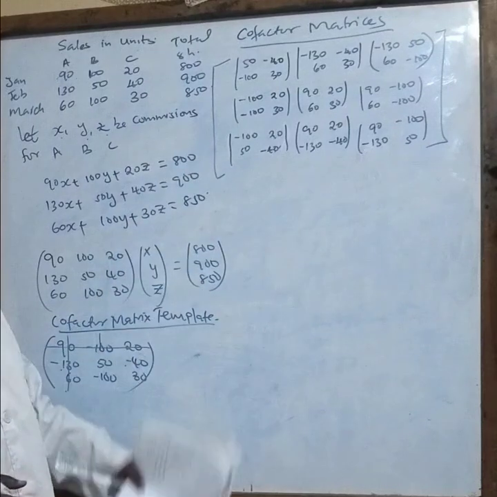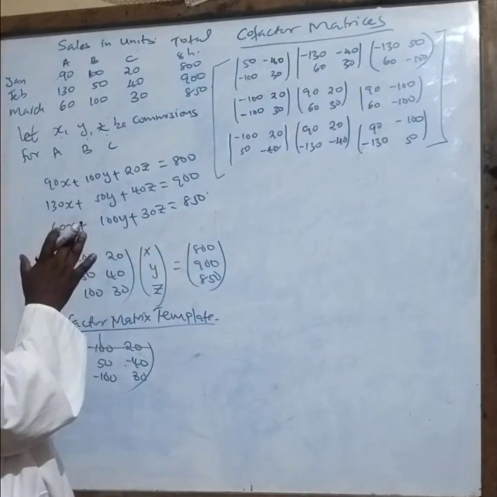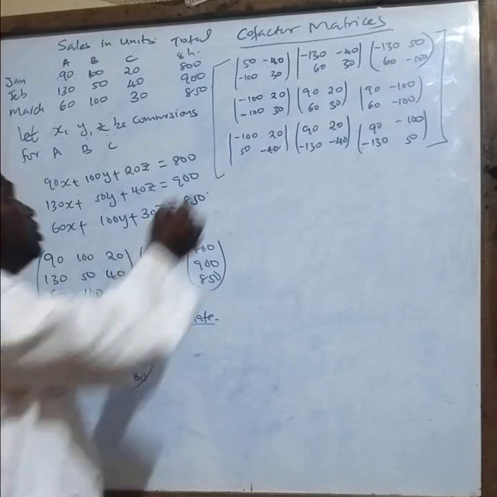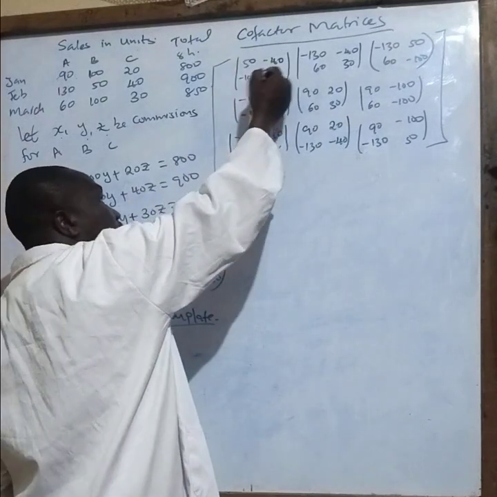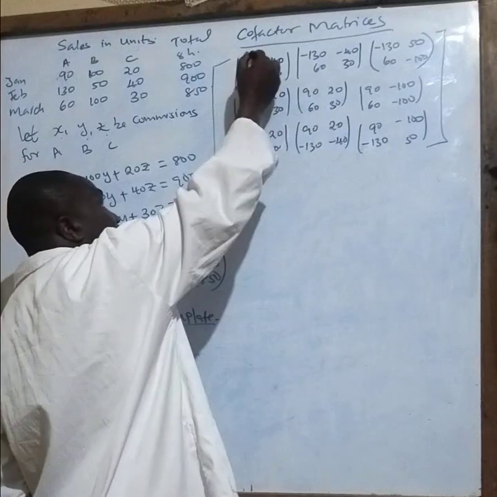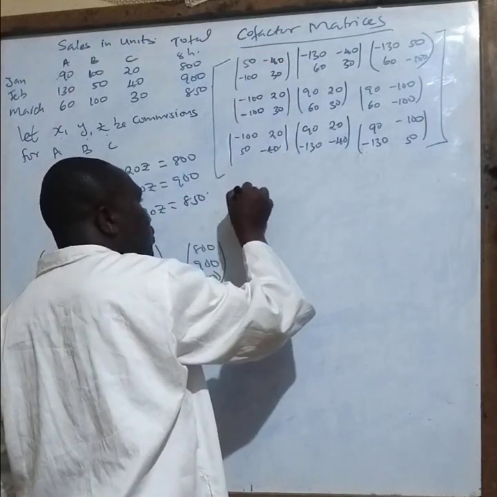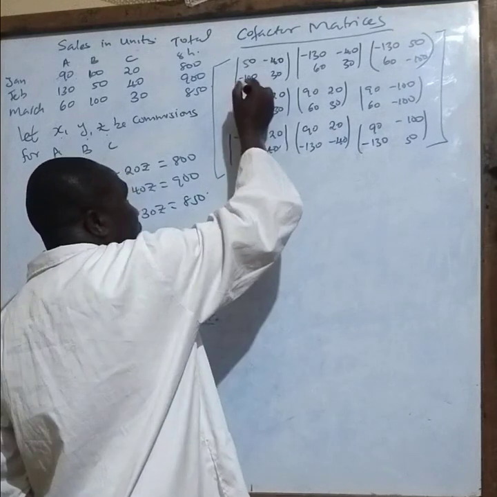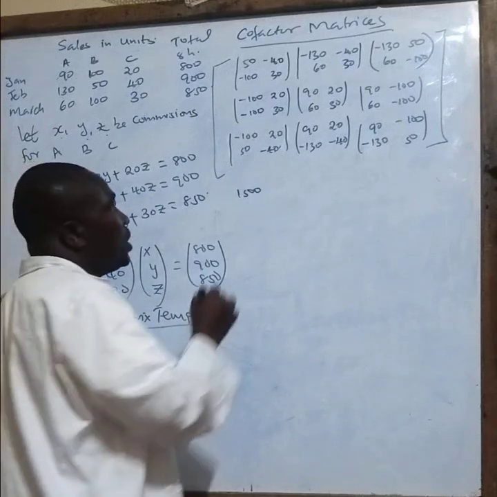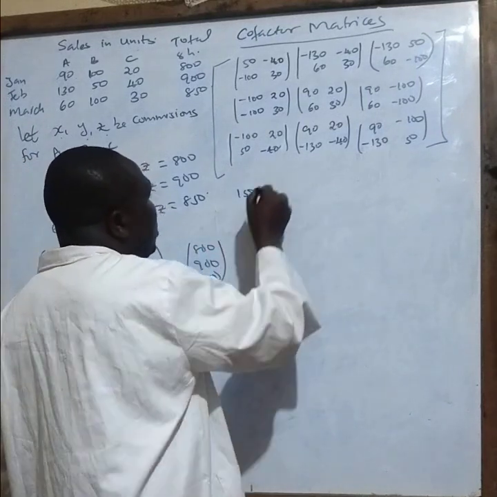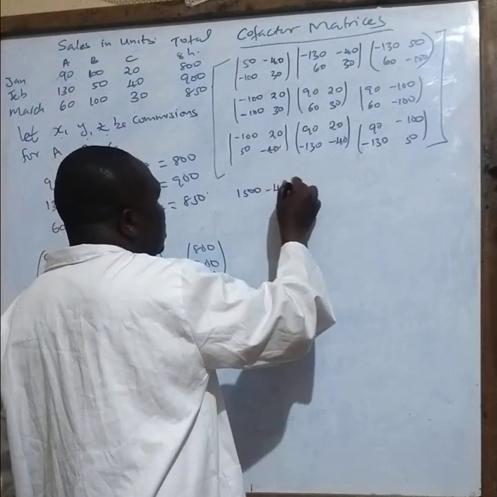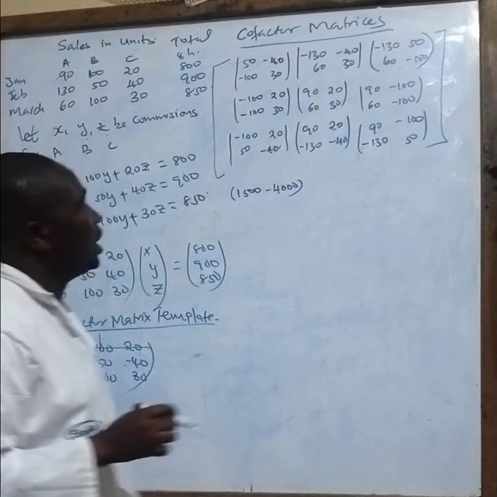When you look at this template carefully, it is telling you that we now have a 2 by 2 matrix. So the work is very simple: main diagonal minus the minor diagonal. For the first one, 50 times 30 is 1,500. Then minus and minus gives you positive, so it means negative 1,000 minus 4,000. Correct?